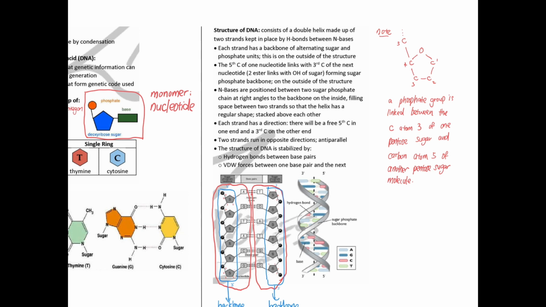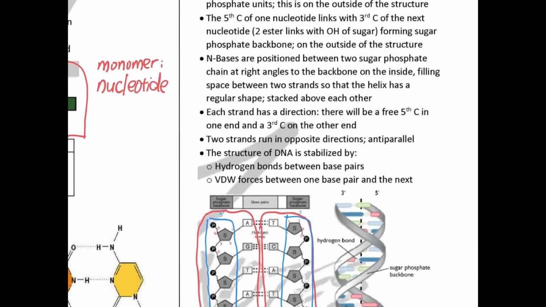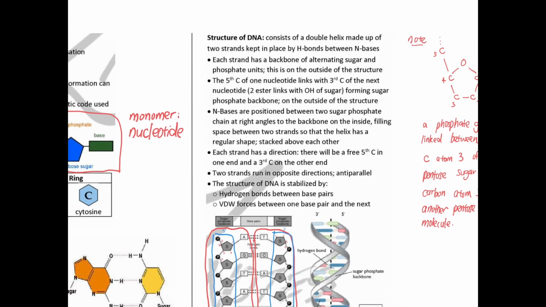For example here, the fifth carbon links with phosphate, then links with the third carbon. That's why the note says the fifth carbon links to the third carbon through phosphate. Now let's look at the notes again: the fifth carbon of one nucleotide links with the third carbon of the next nucleotide.